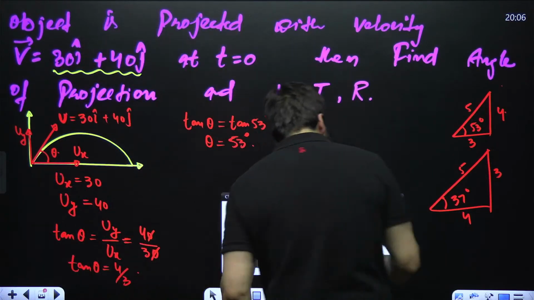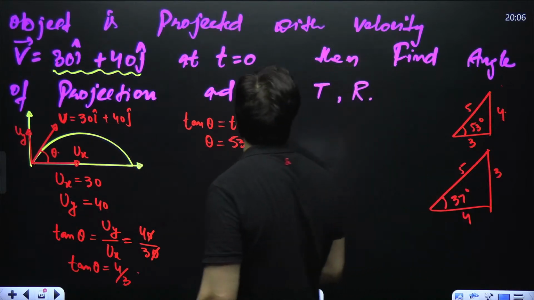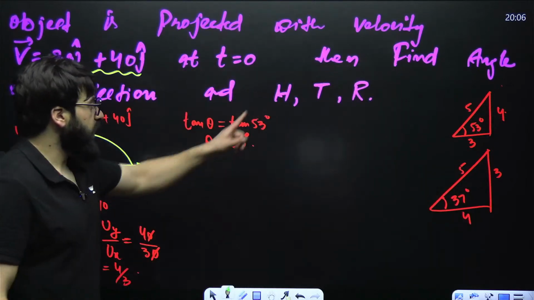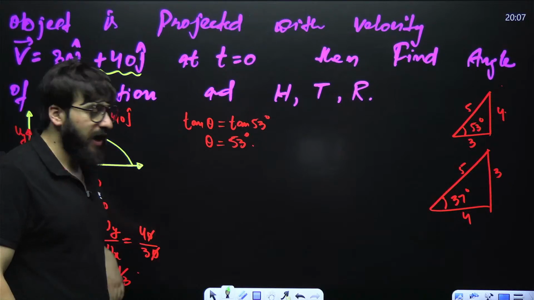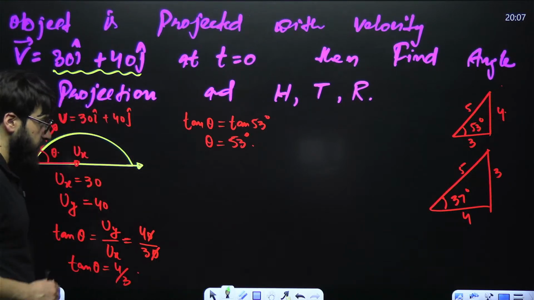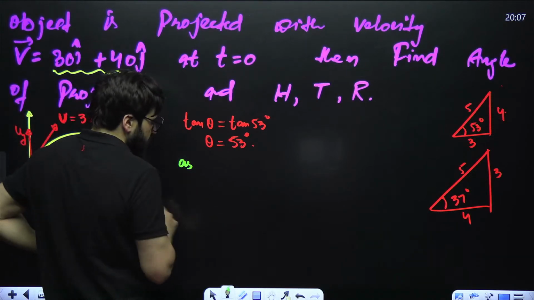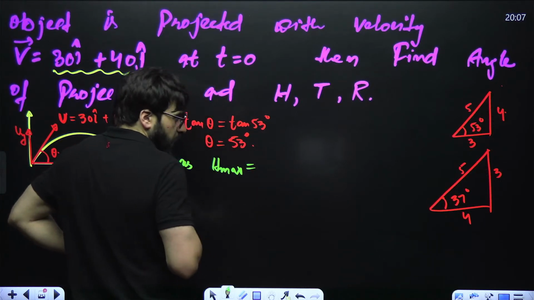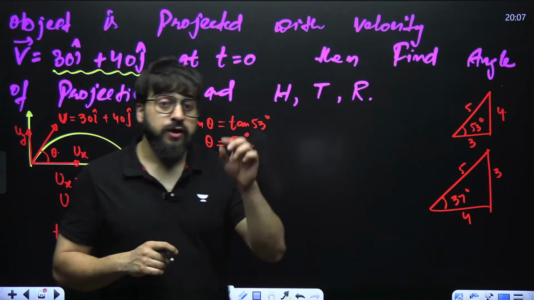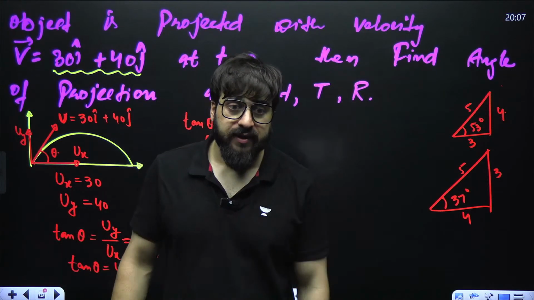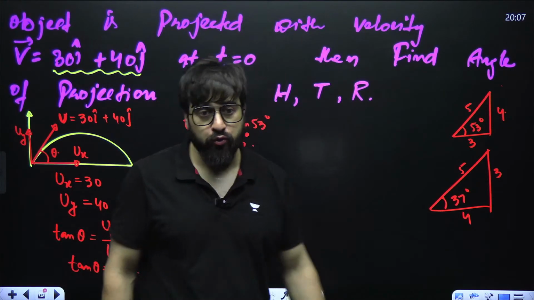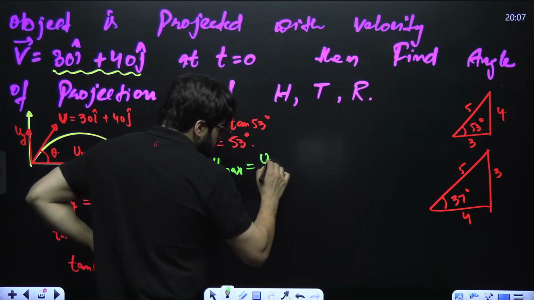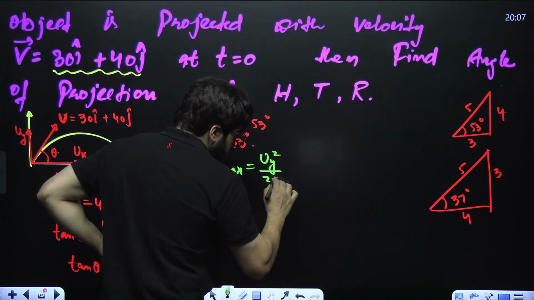Now, what is the value of maximum height in this particular case? How to find h max? It is uy square divided by 2g.